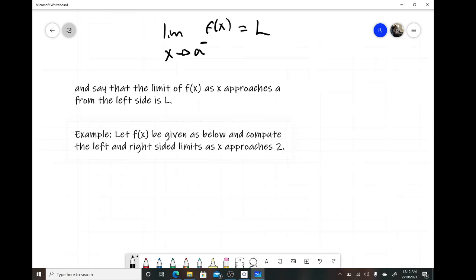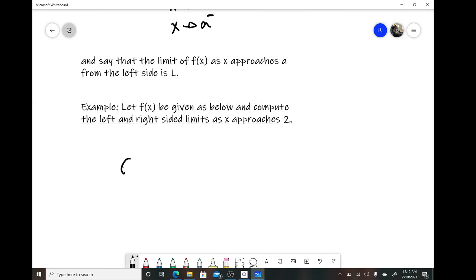And this is the function. f of x is defined to be x cubed minus 8 divided by 4 times x minus 2.